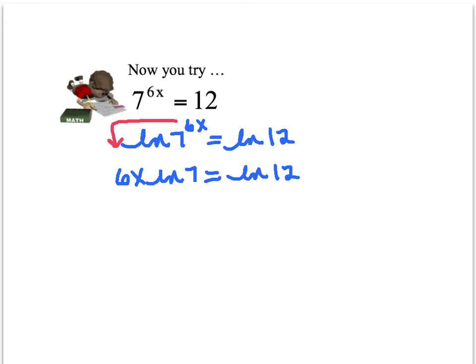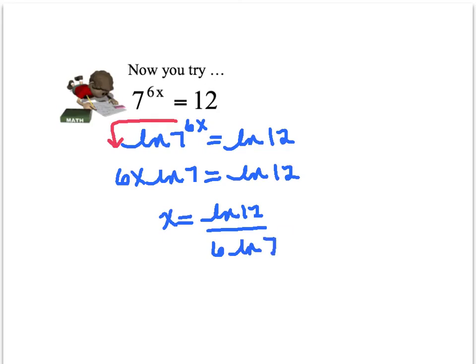Again, I want to get x to sit by itself. I'm going to divide both sides of the equation through by 6. I'm going to divide both sides of the equation through by the natural log of 7. And so x is going to be equal to the natural log of 12 divided by 6 divided by the natural log of 7.